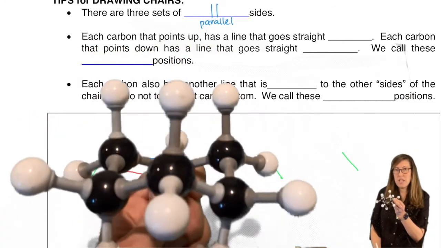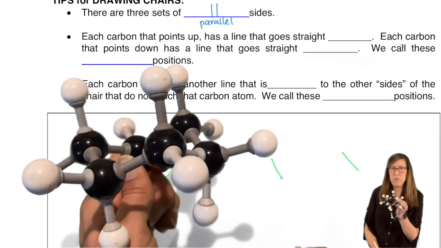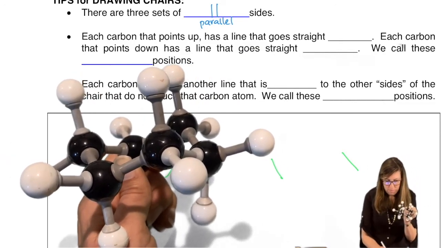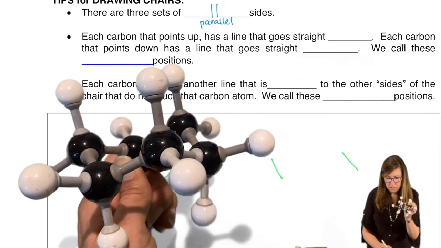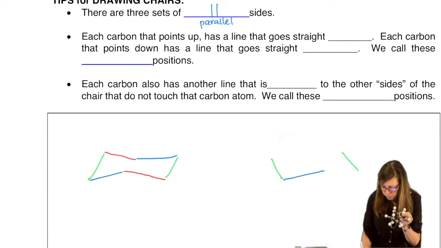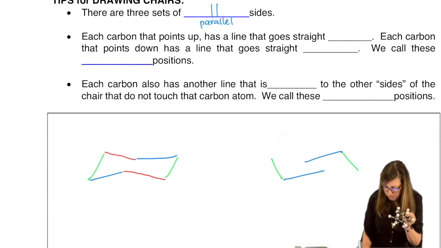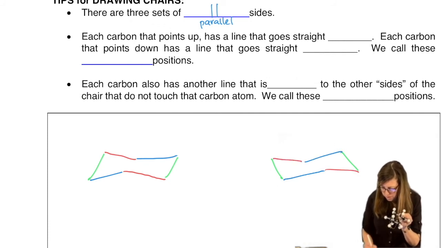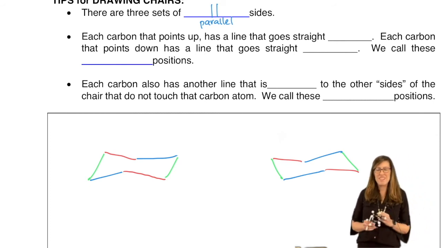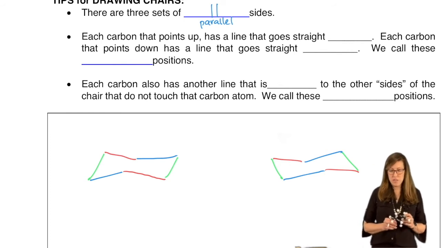But you could have had the other chair where it's viewed this way, and that's the result of the chair flip, so we go like that, right? And when you do that, it's to the right. So let's draw in those blue lines again, and then the red. All right, so those are the possibilities. That takes practice. So that's part 1, getting those 3 sets of parallel lines.